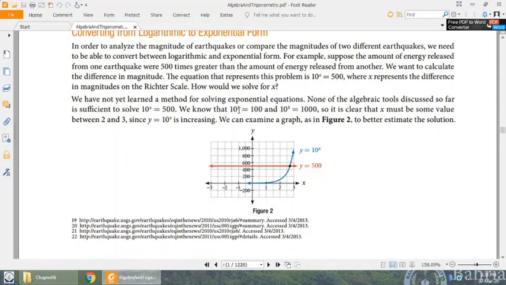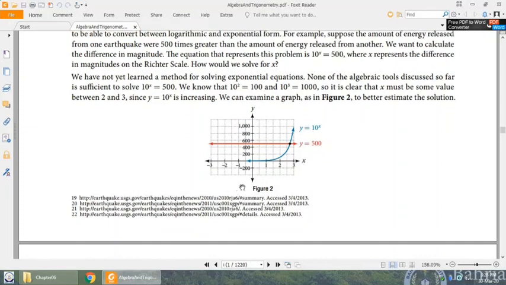So it lies between the powers 2 and 3. We can say that y is equal to 10 raised to the power x, because we don't exactly know the value of x in this case, but we are estimating that it lies between 2 and 3.